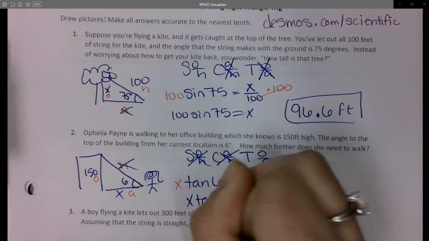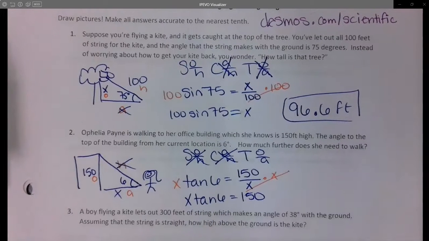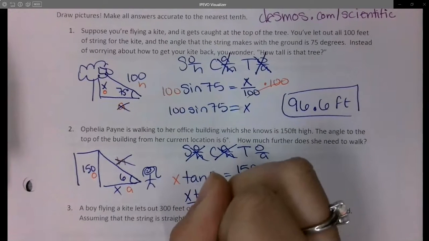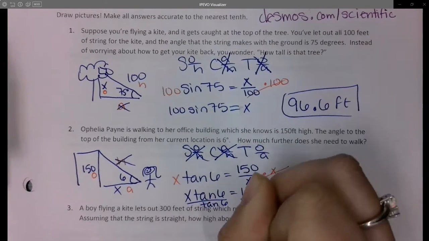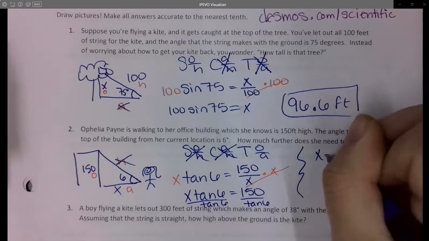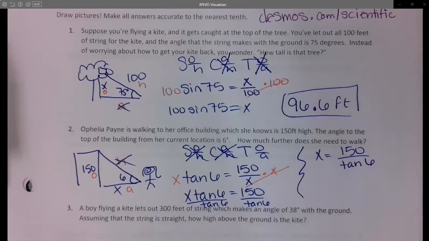I have x tan 6 equals 150. Then I need to get x alone, so I'm going to divide both sides by tangent 6. So I'm just going to rewrite this off to the side. I have 150 divided by tangent 6.